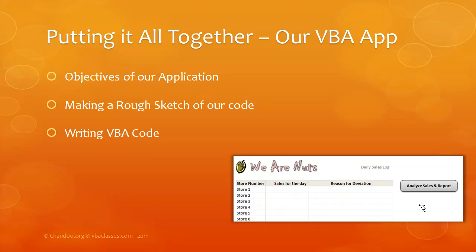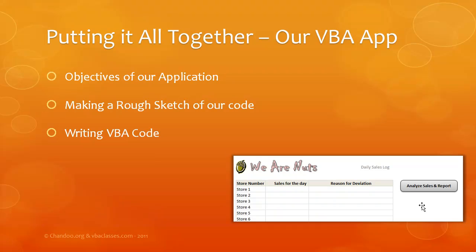I will show how we achieve these objectives and what rough skeleton we need in order to meet them. Then we will jump into the VBA code in the Visual Basic editor and write it. That is what we are going to do for the next 10-15 minutes. So let us move on.